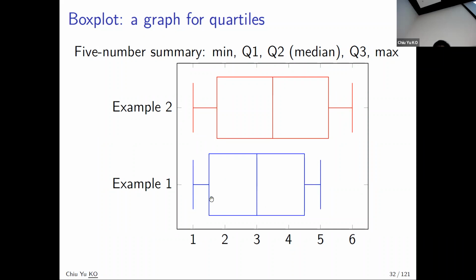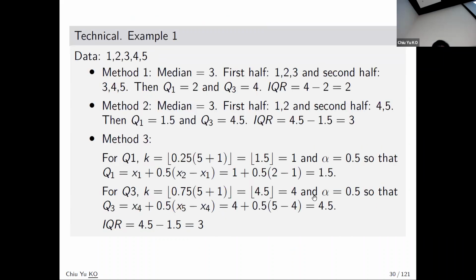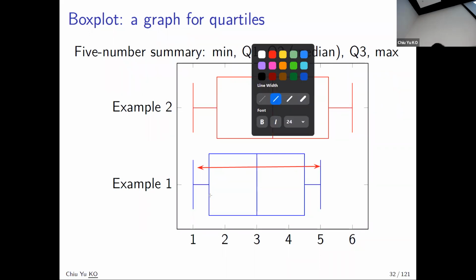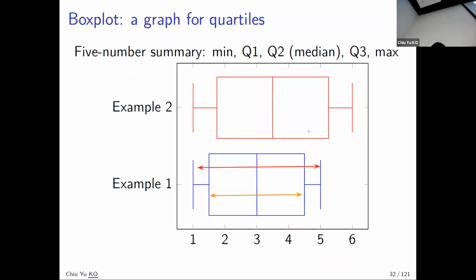And 1.75 and 4.5 are Q1 and Q3, and this is Q2. So this is a box plot. You can see from this diagram very easily that this is the range, and this is the interquartile range.